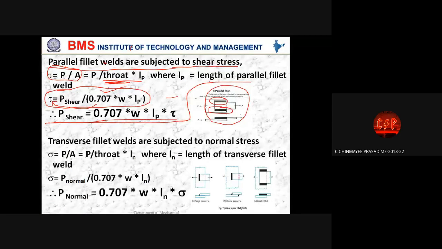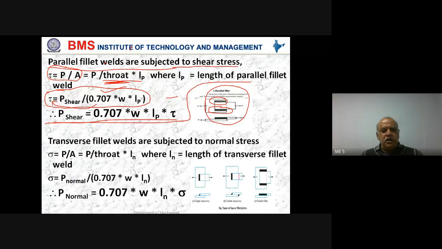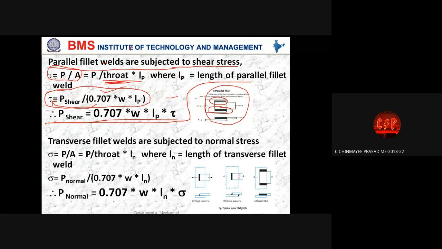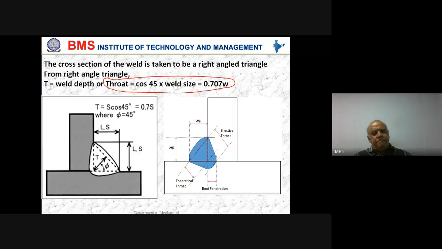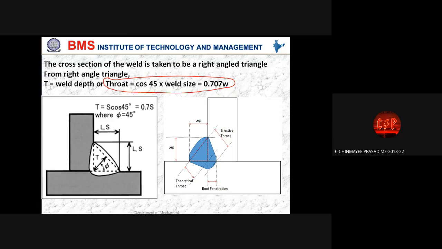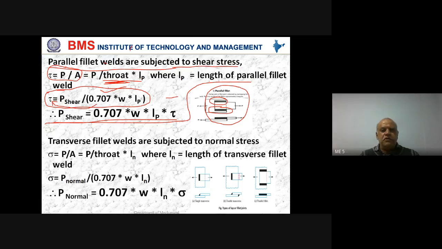Sir, can you shift the PPT one, sir? Pardon me? The previous slide, 1 second. Okay, sir. Please note down, parallel fillet welds are subjected to shear stress. So therefore, tau is equal to P by A, load by area of cross section.